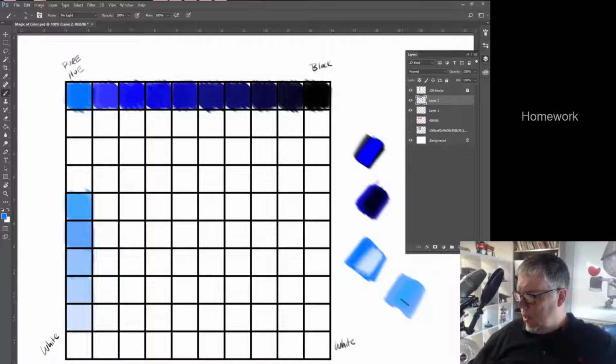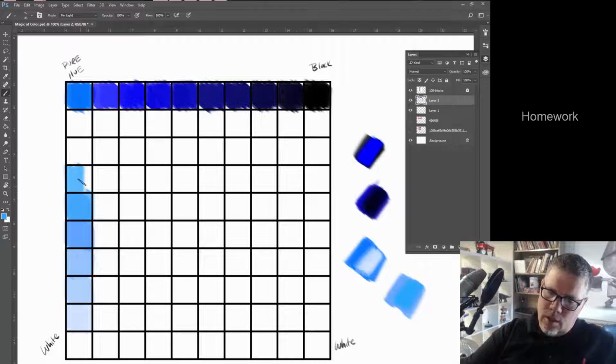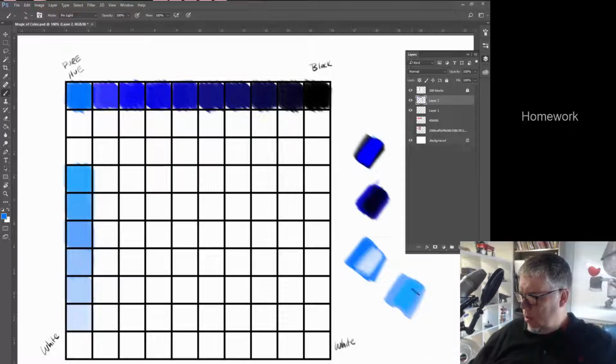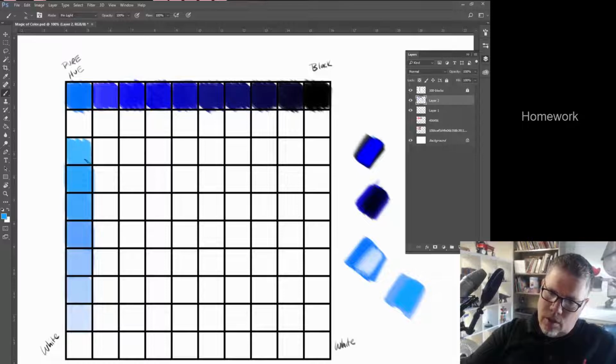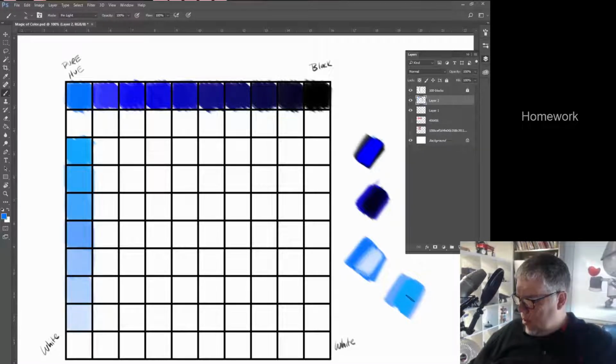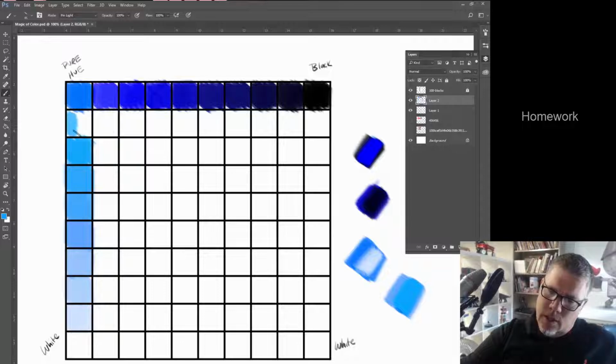Let's do that again. Yeah, it should be darker. And we're getting there. And then last time, really kind of mix that in. Now again, mixing digitally, it's not the same. It's just not the same thing at all.